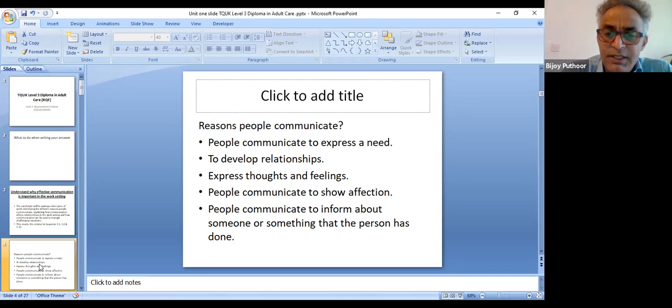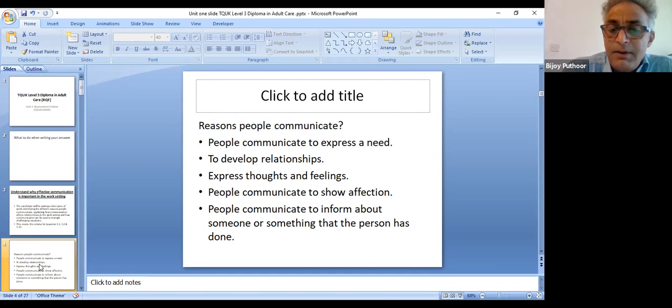Communication doesn't have to be verbal. Most of the communication is using body language. So people may use body language to show their affection. They may shake your hands, or hold your hands, or give someone a hug. That's all part of communication as well. So communication can be used to show affection.